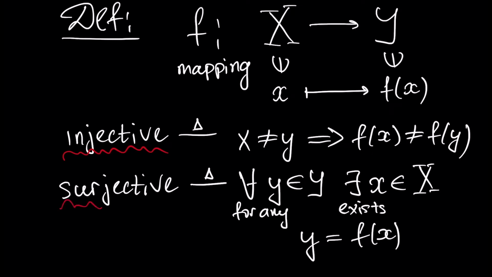In this case, this mapping is called surjective. In other words, for any element y, we have some x such that y is equal to f of x. So any element here in Y has some element in X such that y is equal to f of x.